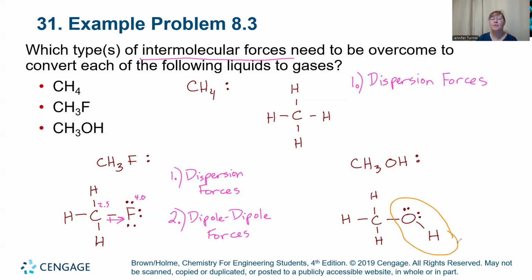And oxygen is one of the special atoms that, when it's attached to hydrogen, forms our hydrogen bonding. So this one will have dispersion forces because dispersion forces always exist. And it will also have hydrogen bonding forces.